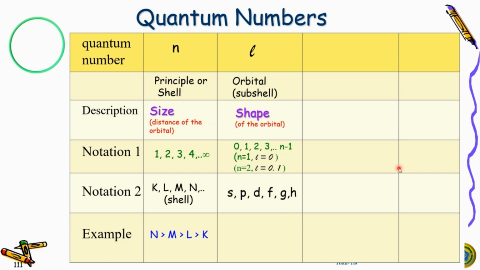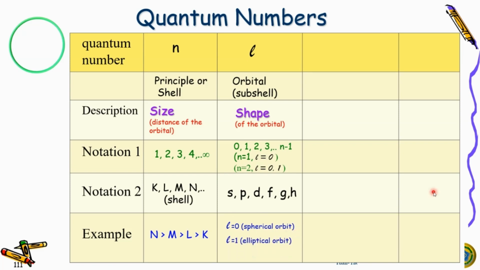Notation 2 is that you call these the S orbital, P orbital, D orbital, F orbital. I don't know whether you learned this in high school or in the first year of physics classes. Because this is related to the shape, if L equals 0, the shape is a spherical orbit.